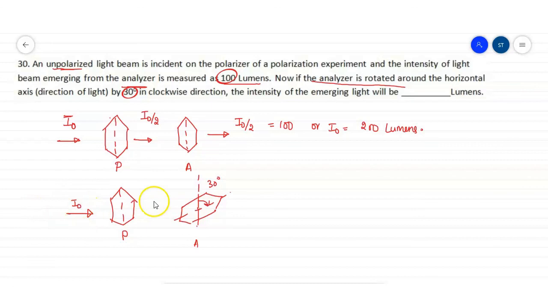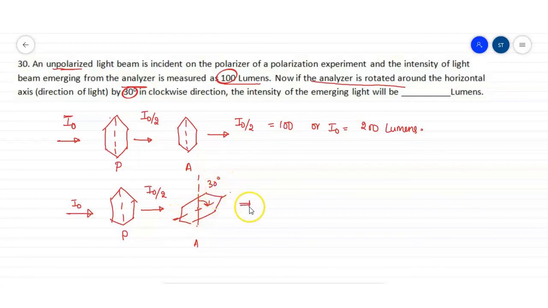Here the intensity of the unpolarized light is I naught. After passing through polarizer, it will get polarized and its intensity will become half. And now we are going through one more polarizer, which is generally called as analyzer. The angle between the vibration of light and the axis of the analyzer is 30 degrees.